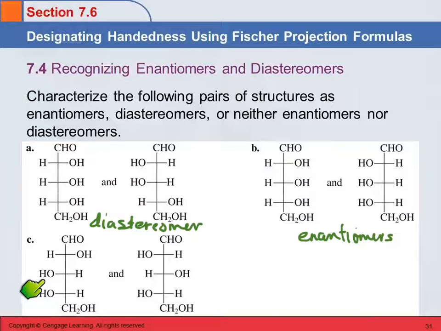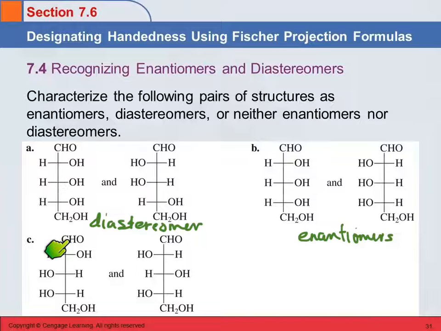How about this one on the bottom? Are they mirror images? This one's a mirror image, and this one is, but that part isn't, right? So they're not mirror images. Are they diastereomers? Are they connected the same? They are.